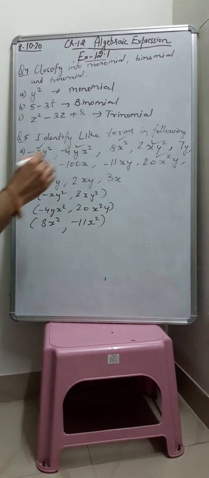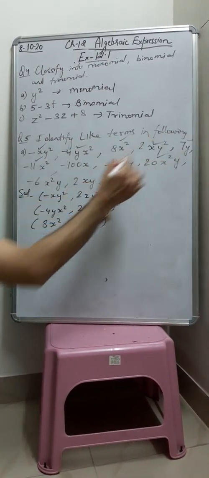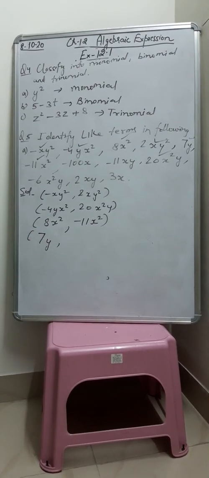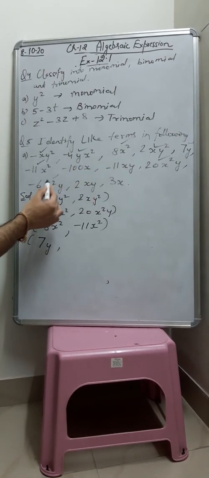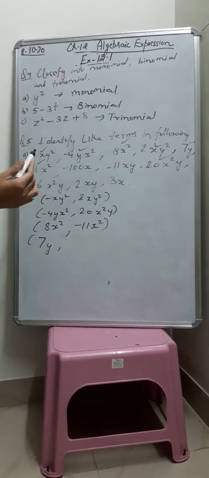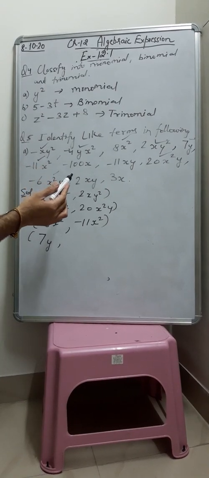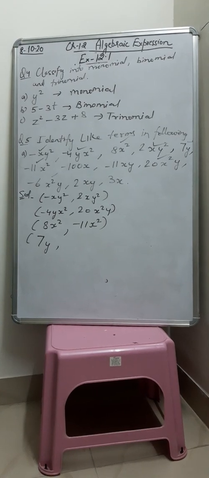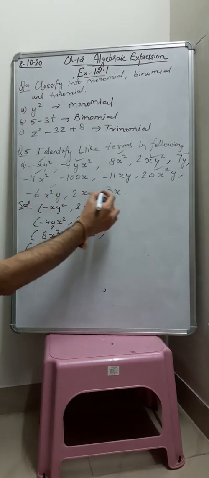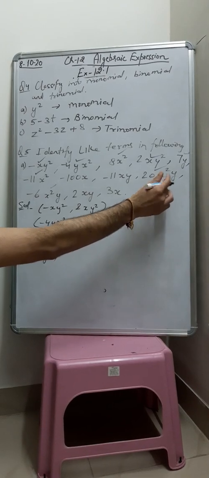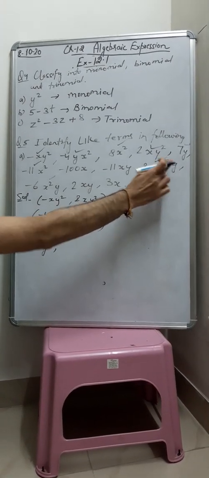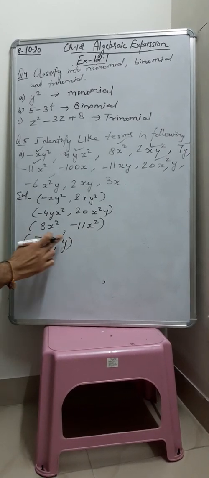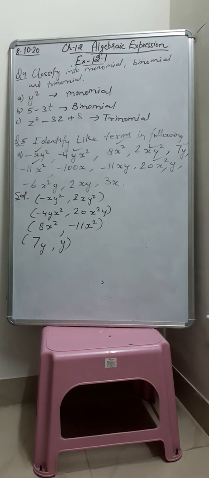Now next, this is over, we are going to take 7y. Here we have to find out which term has a single y. Is there any term having a single y? In the question it is here. We can say that this y is a single term, that means 7y and y are a pair of like terms. So this is over.